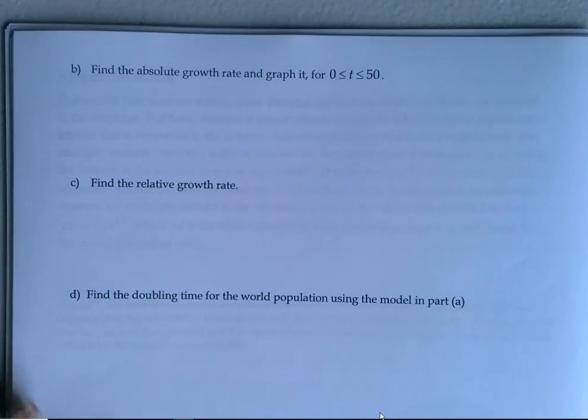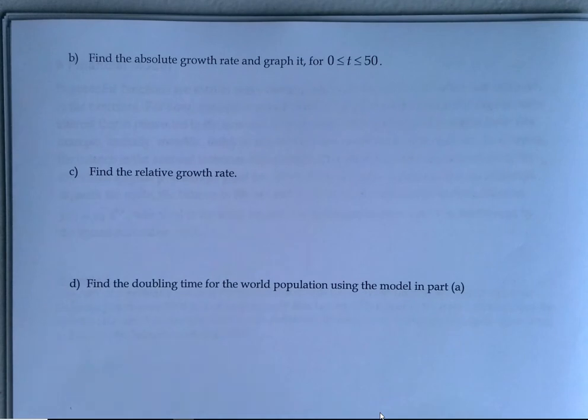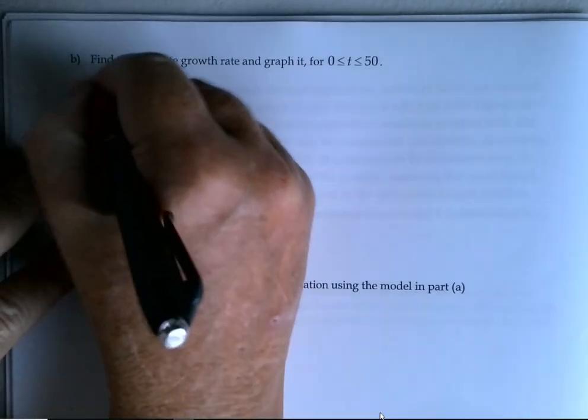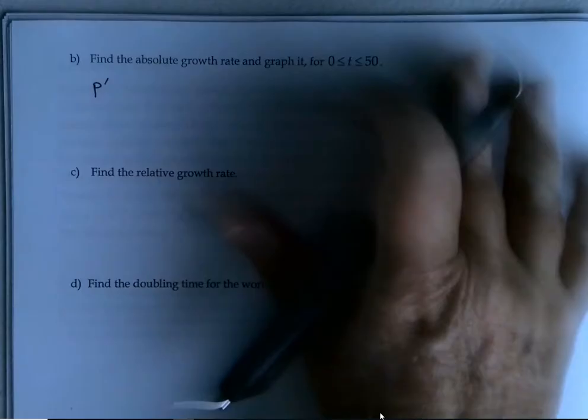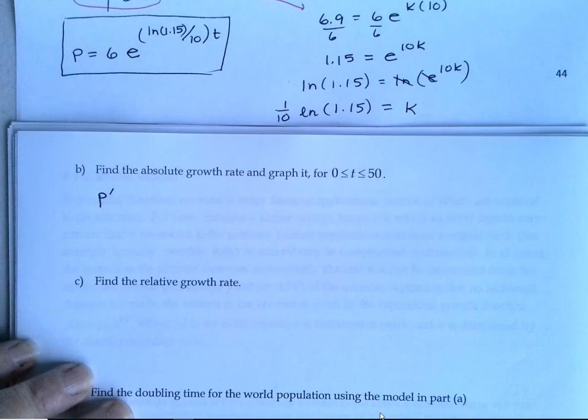Next we're supposed to find the absolute and then the relative growth rates. So the absolute growth rate is the derivative, p prime, and I'll just tuck this up here so we can see our population equation while we're working.